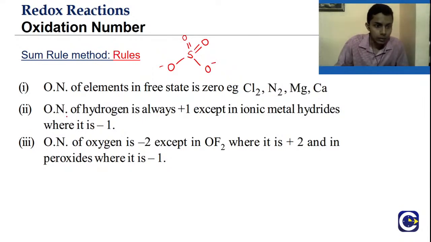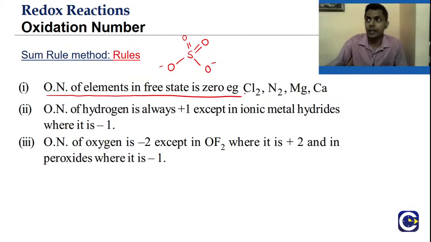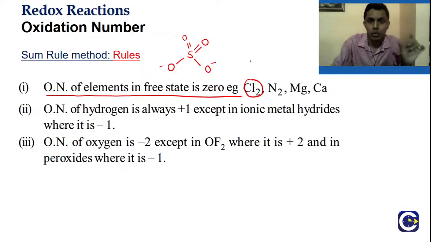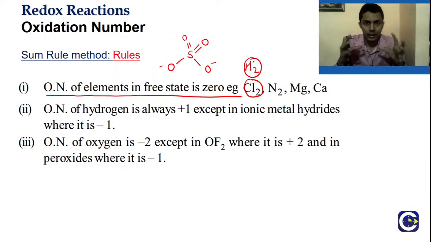Oxidation number of an element in free state is 0. So for example, Cl2 in free state. Free state means only one kind of element will be there. So H2, where only one kind of atom exists, we call it free state.